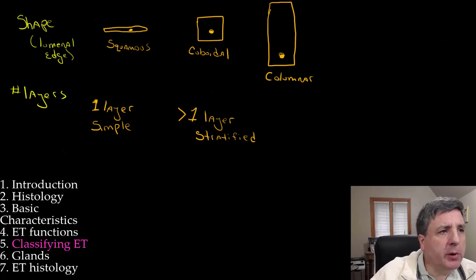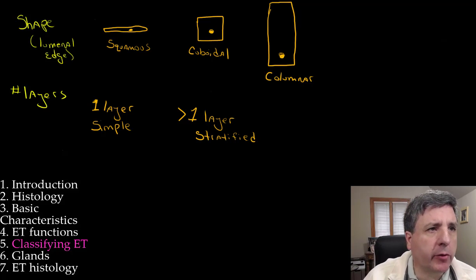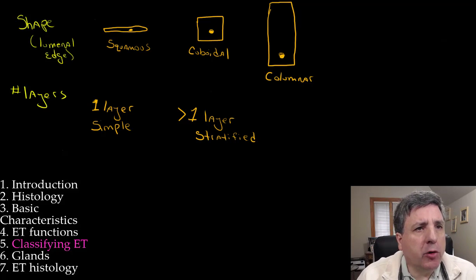So we can have simple squamous, simple cuboidal, and simple columnar, or we can have stratified squamous, stratified cuboidal, or stratified columnar. Okay, so let's look at simple squamous, then simple cuboidal, simple columnar.